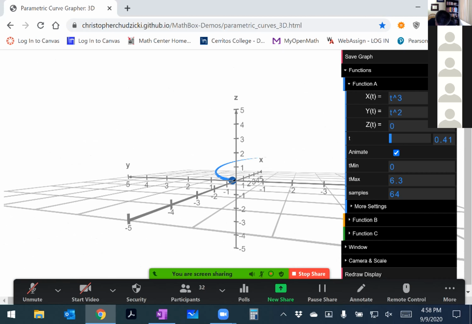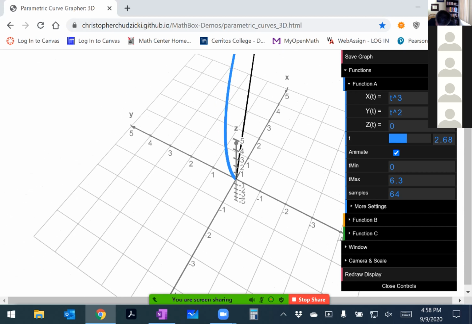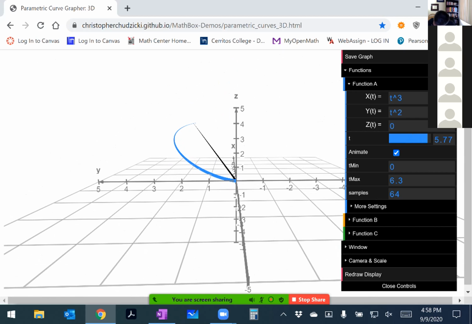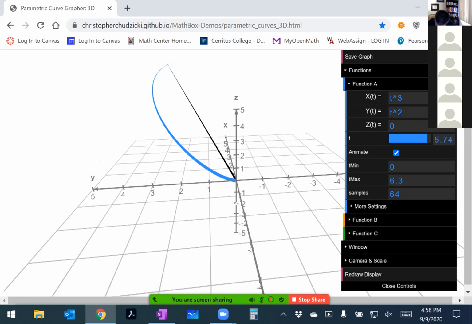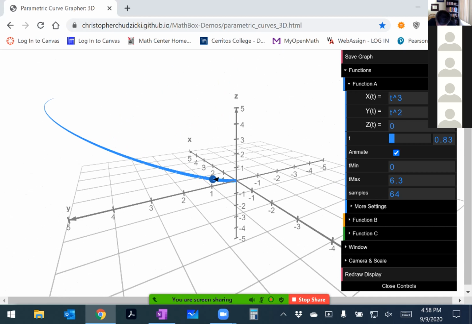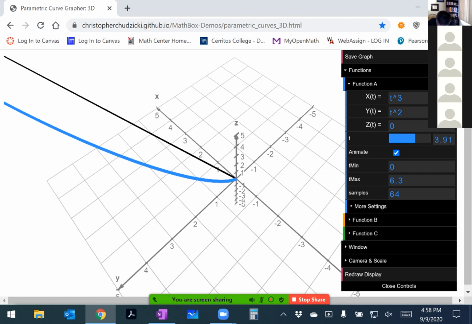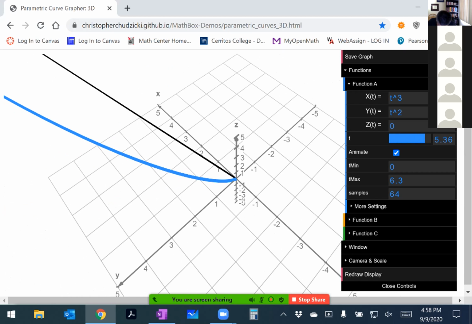So it's looking like it's going off. X and y should just be following that XY trajectory. Yeah, it is. So it's just whoosh.